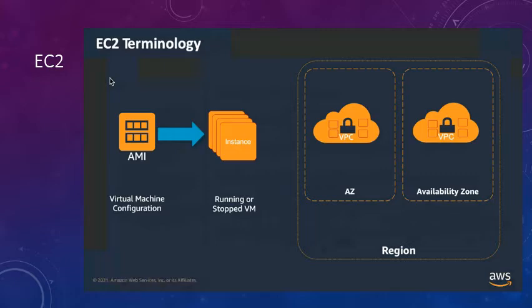And then an instance is created inside what's called an availability zone, or an AZ, as you can see on the right hand side here. An availability zone is really like a data center, but nowadays it's more than one data center, but you can think of it as like a data center within a region. So a region might be the Northeast United States, for example, and that would be US-East-1. US-East-1 is a region, and within that it has a number of availability zones.